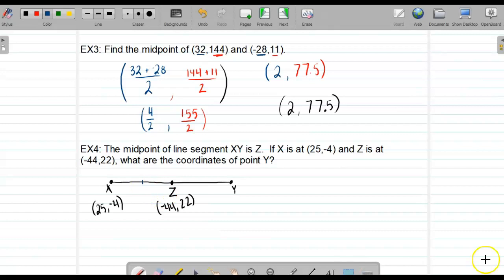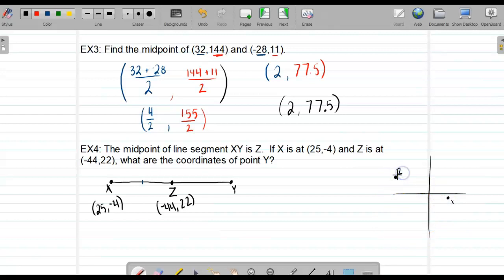So, whenever we had this on the graph, what we did is we graphed the points. So, I'm going to do a really rough sketch of this graph because I can't really graph it. So, I've got (25, -4). That'd be like right here. That's my X. And Z would be at (-44, 22). We'll put that like right here.